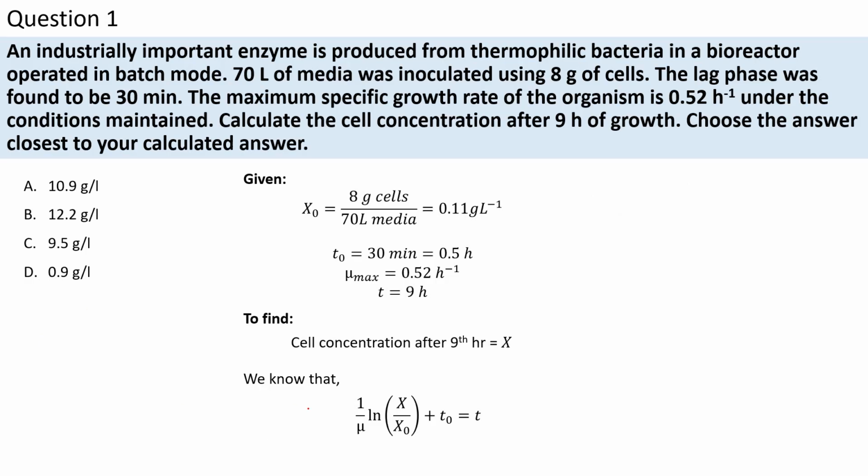That's what happens first. 1 by mu ln of x divided by x naught is equal to t minus t naught, right?